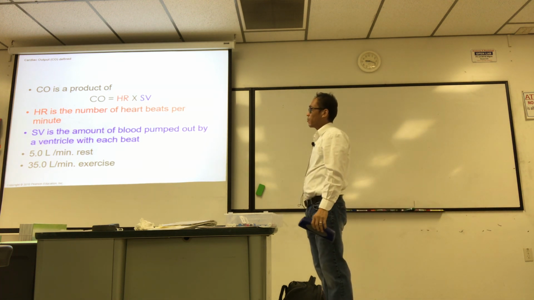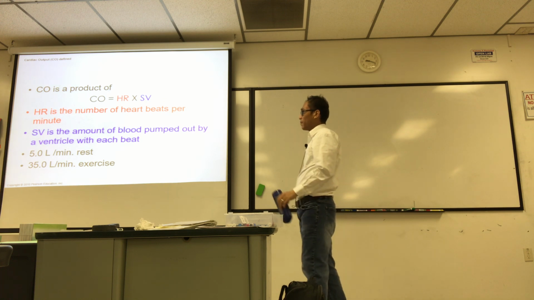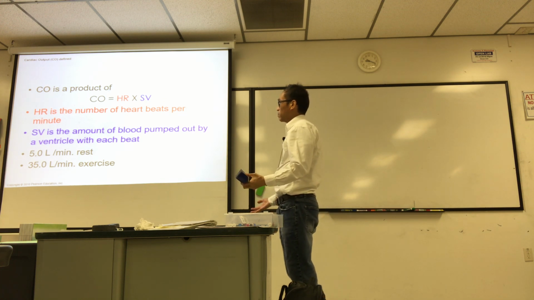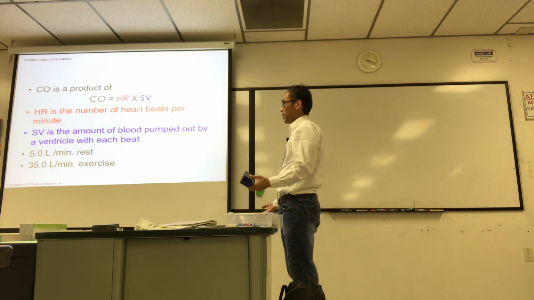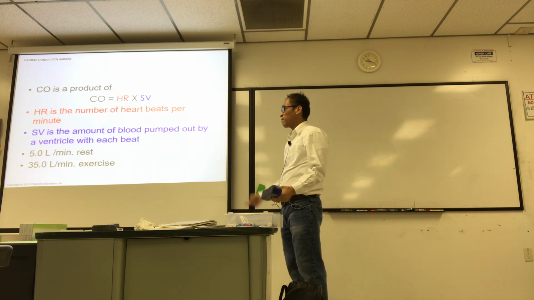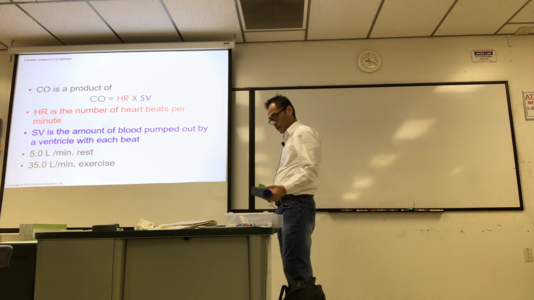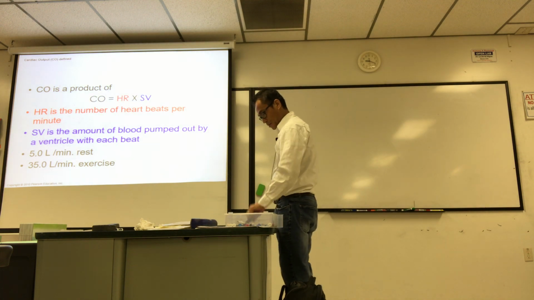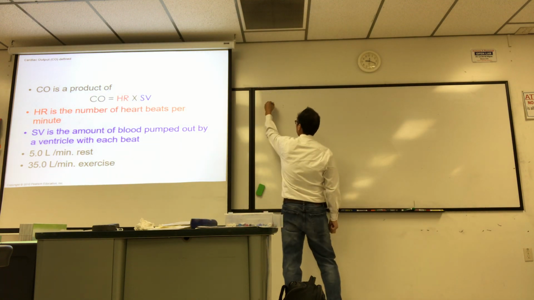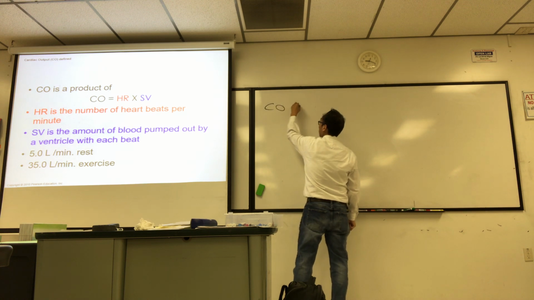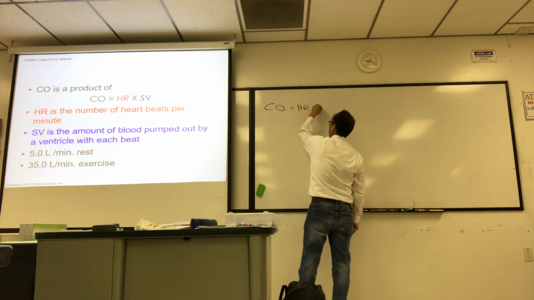Well, heart rate is the number of beats per minute. Stroke volume is the amount pumped out by a ventricle with each beat. In the condition of rest, it might be 5 liters a minute. Could increase quite a bit with exercise. Cardiac output, CO, is the product of heart rate times stroke volume.